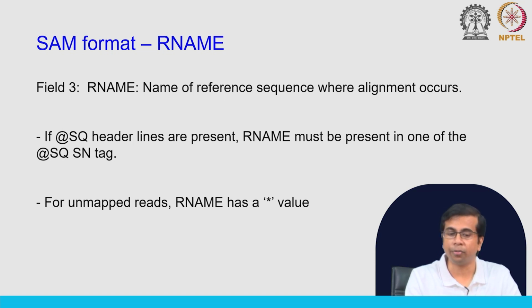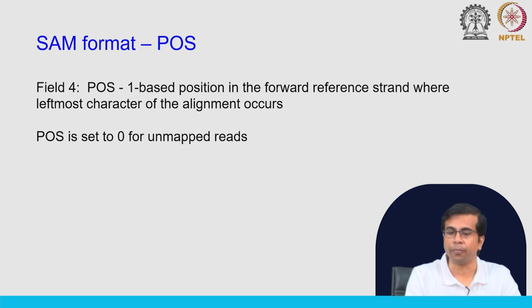You want to know the position in the reference sequence, and that is what field 4 gives you. This is called POS, or the position, and this is a one based positioning system in the forward reference strand. As I mentioned when I started with the alignment section, all alignments are given with respect to the forward reference strand, and this is a one based positioning system.